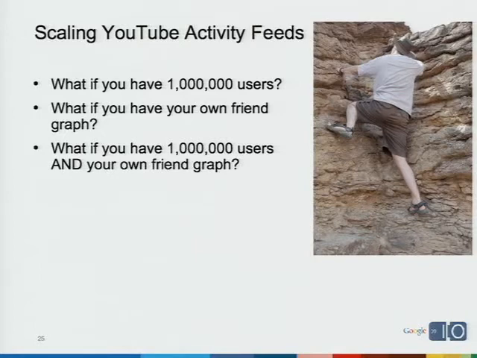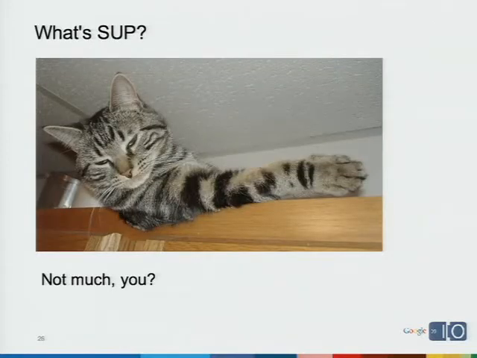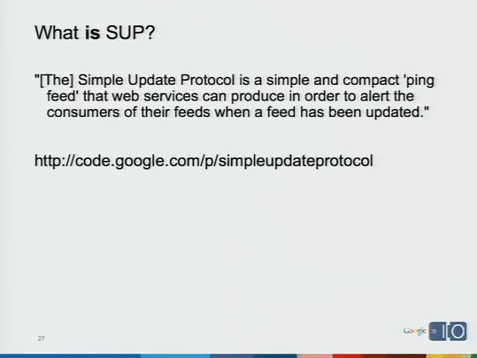Well, no. We do actually have a solution for this that we are announcing today, and I don't think it's even in the documentation yet. And that's SUP. And what's SUP? Well, not much. I know. But what is SUP? It's the Simple Update Protocol, and the Simple Update Protocol is a simple and compact ping feed that web services can produce in order to alert the consumers of their feeds when a feed has been updated.